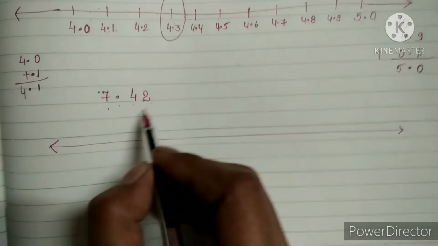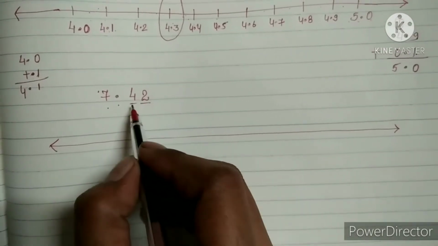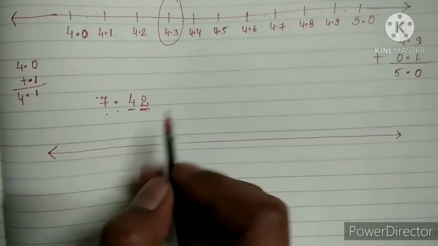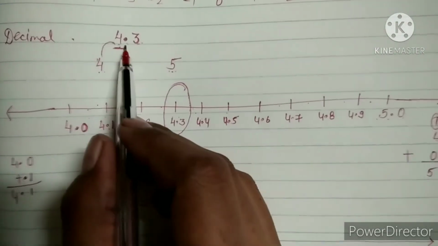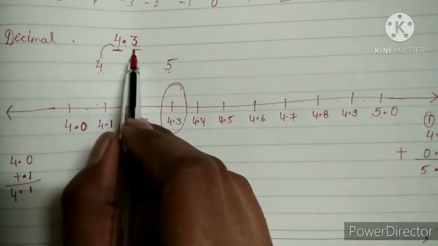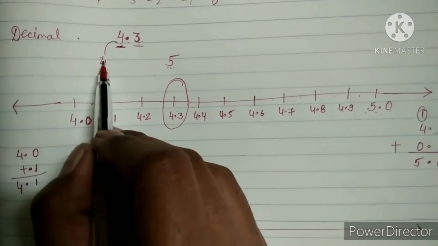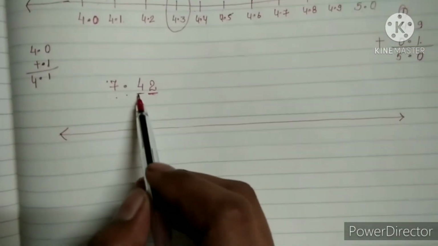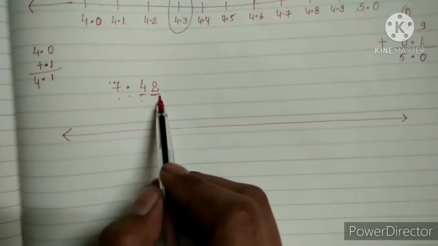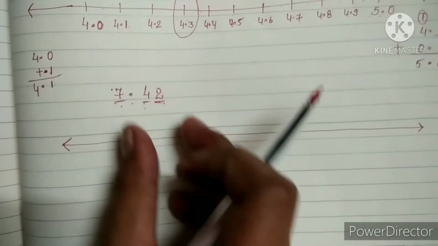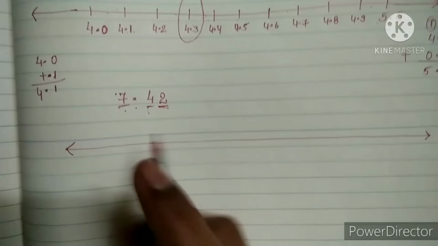You can see after the decimal we have two values. In the first example, after the decimal we had only one value, that's why I took only the ones place. But here we have two values, so 7.42 we have to locate on the number line.